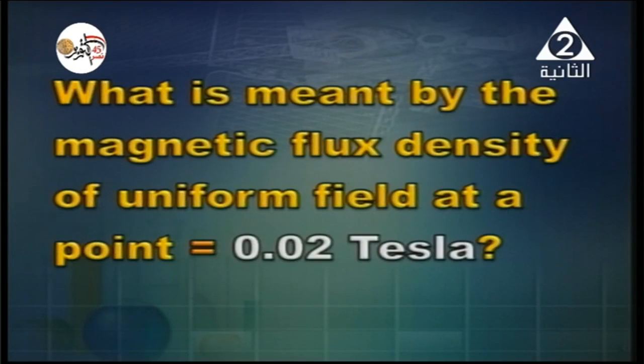And now we've got a question we want you to answer. What's meant by the magnetic flux density of a uniform magnetic field at a point being equal to 0.02 Tesla?